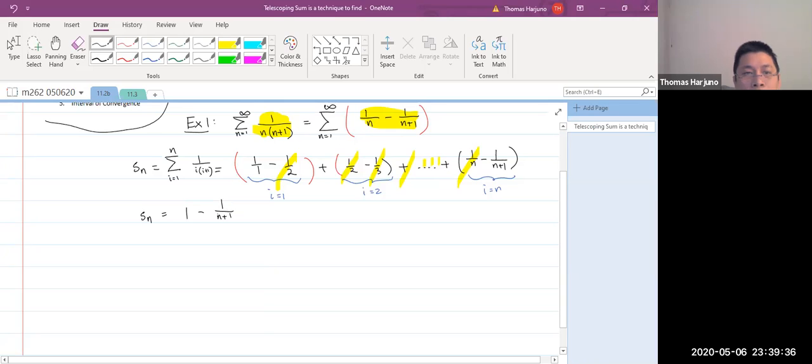So the sum from i equals 1 to n of 1 over i times (i plus 1) is equal to 1 minus 1 over (n plus 1). If I apply the limit as n goes to infinity of this nth partial sum, it will be the limit as n goes to infinity of 1 minus 1 over (n plus 1). The infinite sum, therefore, is equal to 1.